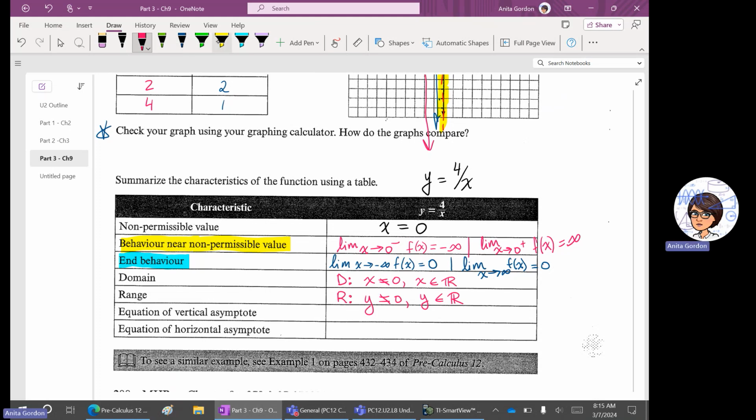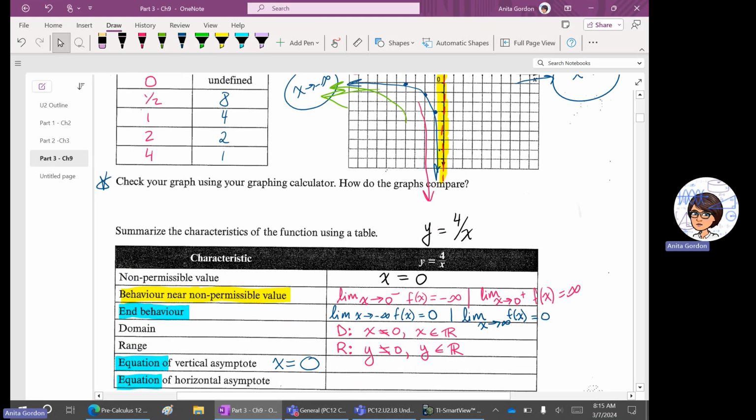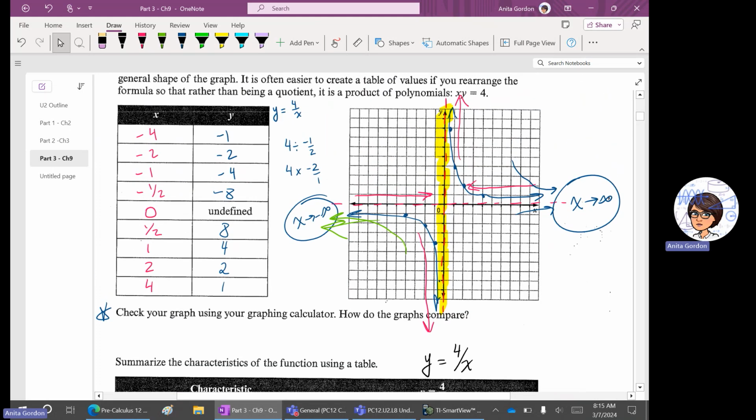What is the equation? Equation means I need an equal sign for the vertical asymptote and the horizontal asymptote. When we look at a vertical asymptote, the equation is x equals some number, because vertically we can be at any value y, but x is always 0.